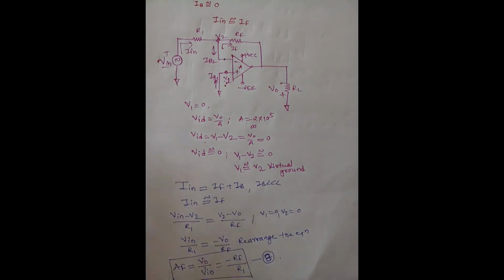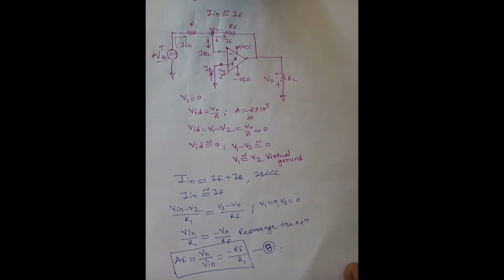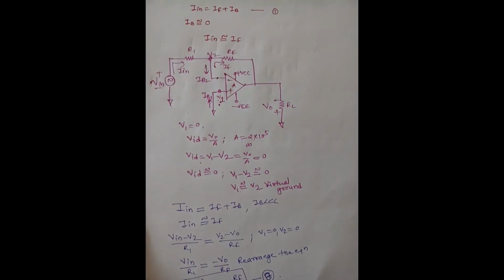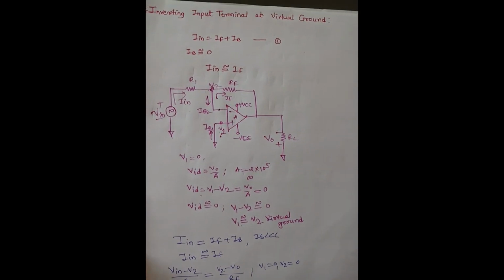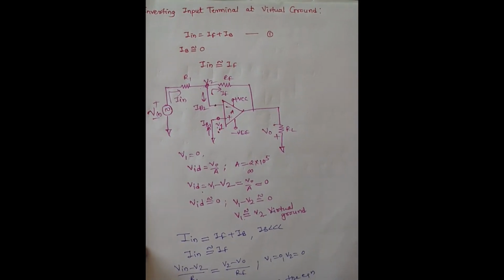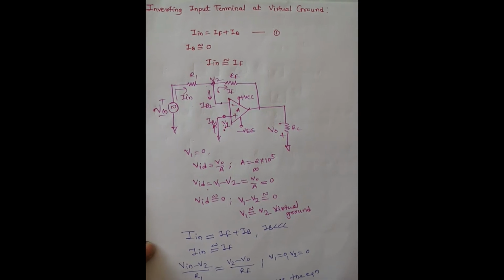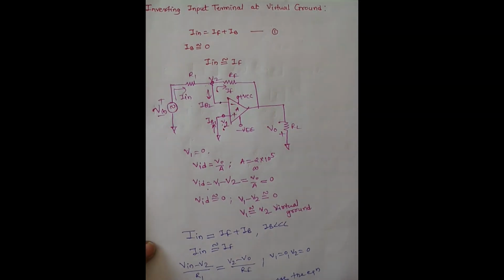Again, there are other parameters that we have to derive: input resistance with feedback, output resistance, then bandwidth of the feedback amplifier and total output offset voltage.